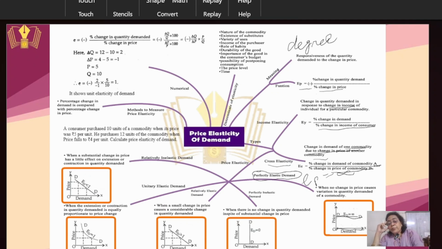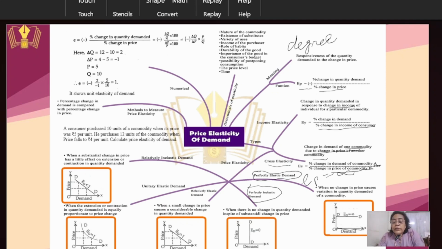But when it is perfectly elastic demand, the shape of the curve is a horizontal line parallel to the x-axis.